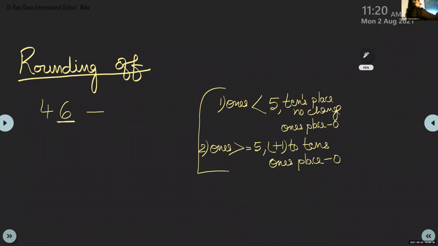If 6 is greater than 5, plus 1 to tens place, and ones place will be 0. So the answer will be 4 plus 1, 5, and the ones place will be 0. That means 46 is closer to 50.